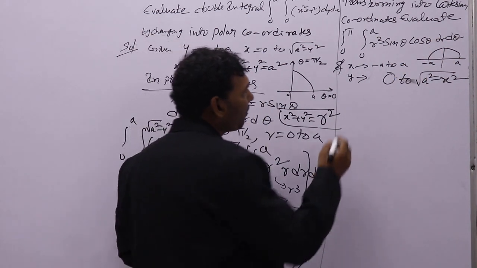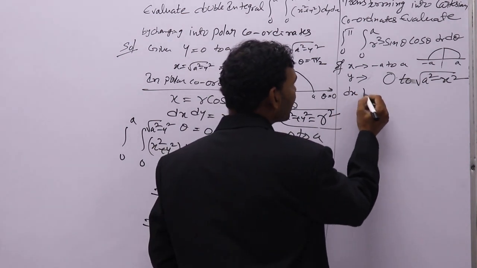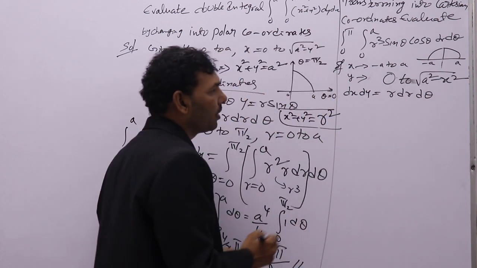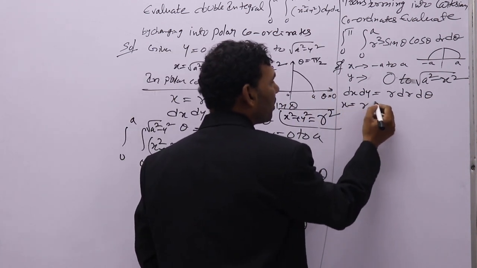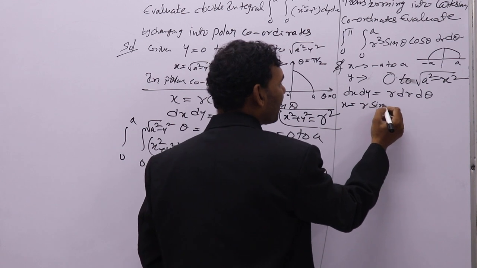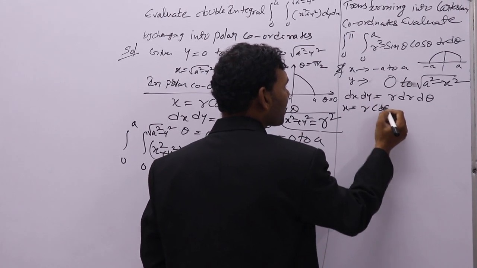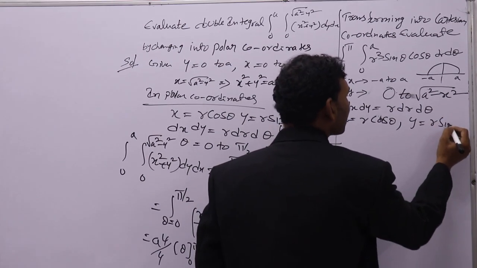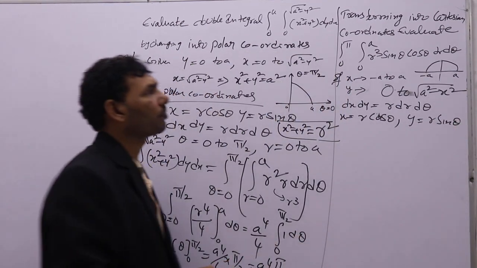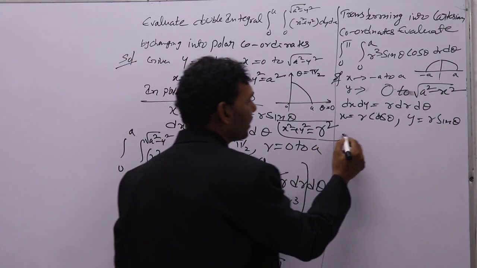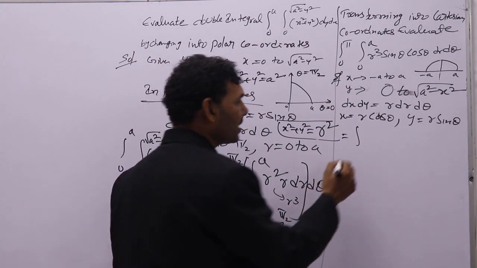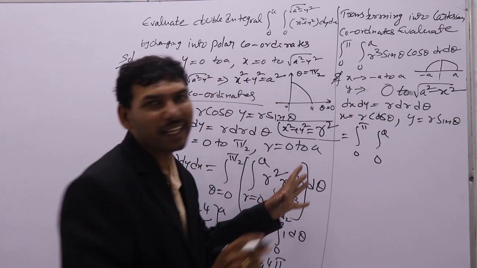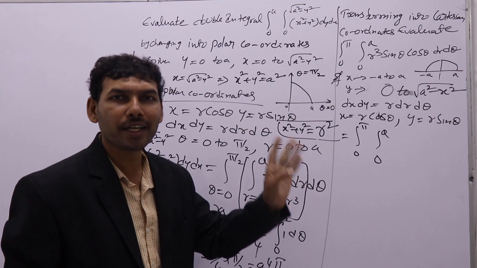Now you know very well dx dy will be r dr d theta, and this transformation you know: in the place of r cos theta you can replace x, and you can replace r sin theta with y. Now the given integral will be like this. I am writing the given integral as it is, 0 to pi, 0 to a. This r cube I am splitting into 3 r's: r into r into r cube.